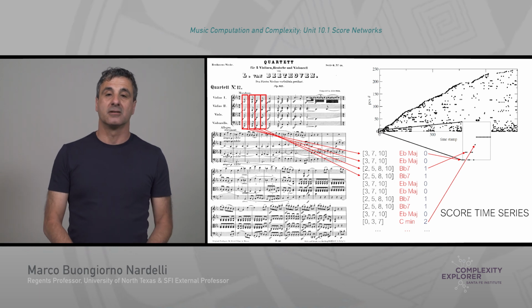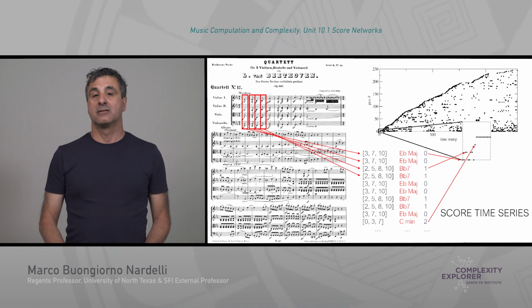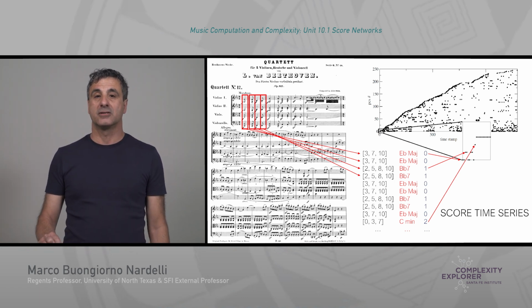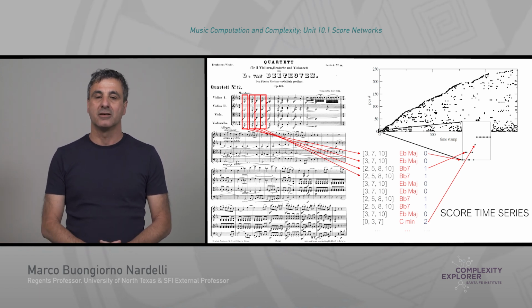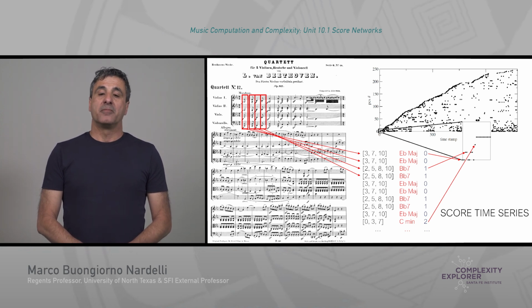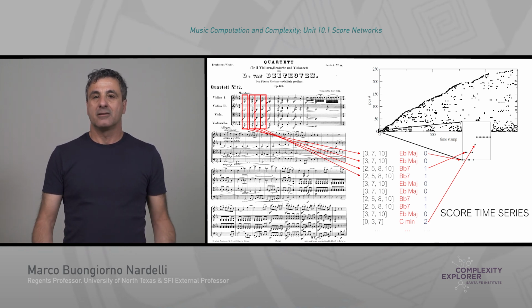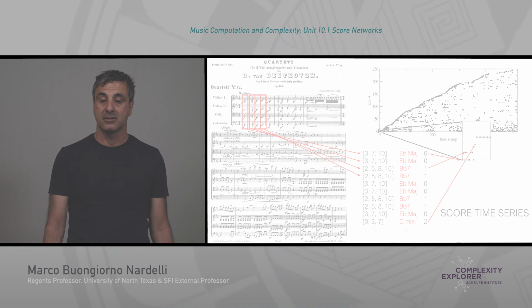For doing this, we can introduce what I call the score time series, where each occurrence of a chord is mapped on a time representation, as you see in the top right corner of this slide, that now becomes a time series that I can analyze using well-known techniques for analyzing time series.